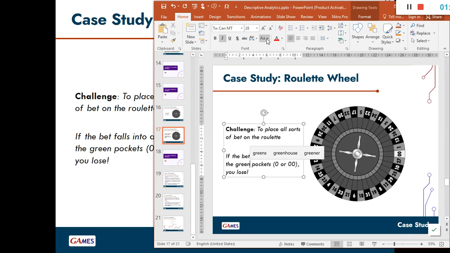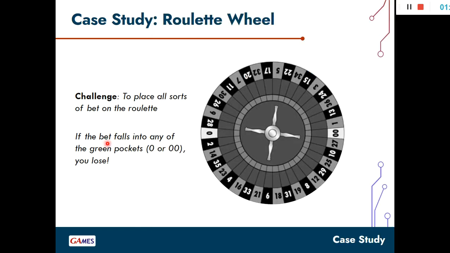So if the bet falls into any of the green pockets, which is the 0 or the 00, you lose. If it falls into the other pockets, there's something to win there.